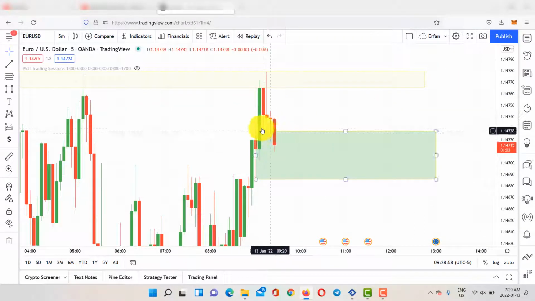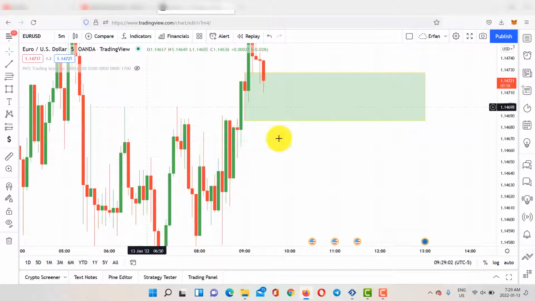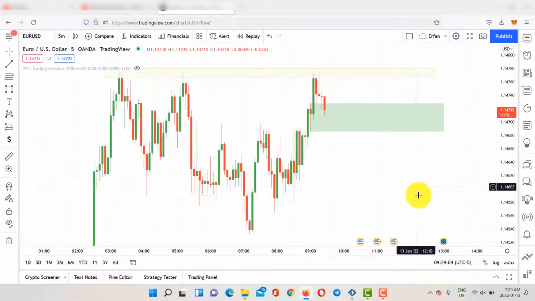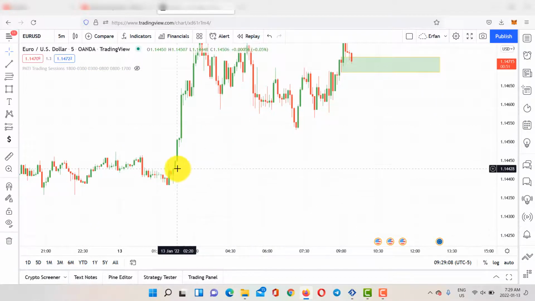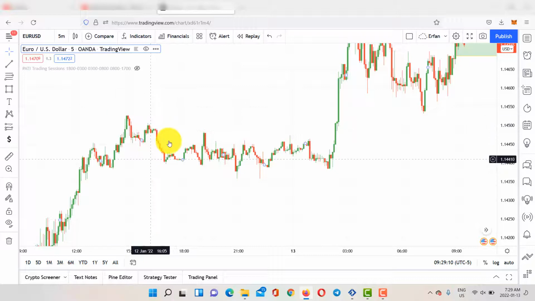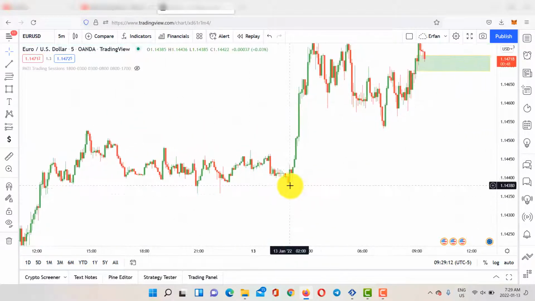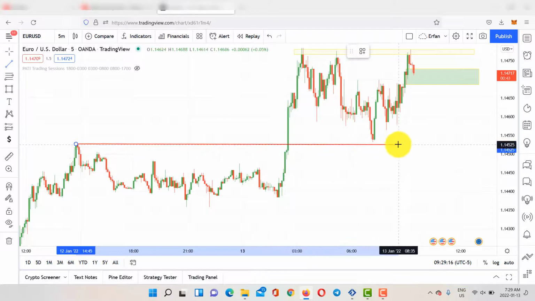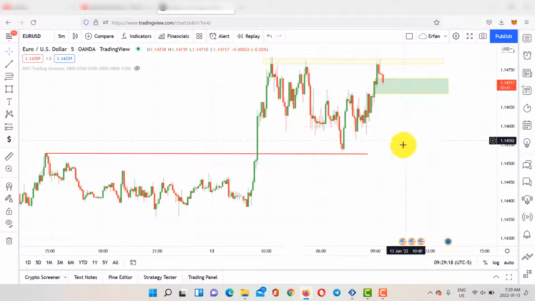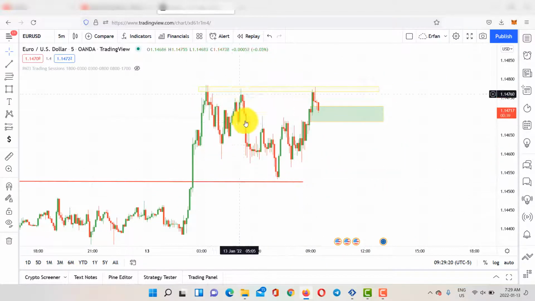It's a low probability order block because it's already tapped into, but I'm gonna draw it anyways. I'm not saying that it doesn't work, but we have so much consolidation here, huge spike, break of a structure that makes the market uptrend, and we have consolidation here.